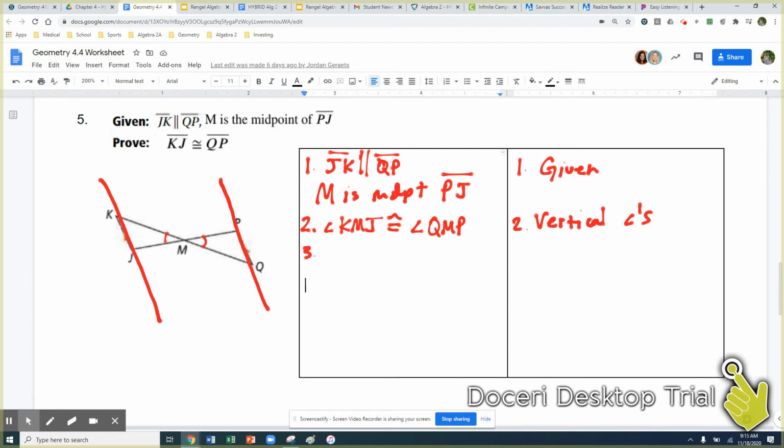So those two are going to end up being parallel. But along those lines, we have this transversal that's cutting through. So there we have that figure that we've kind of seen back in chapter 3, where we have two parallels and then a transversal.